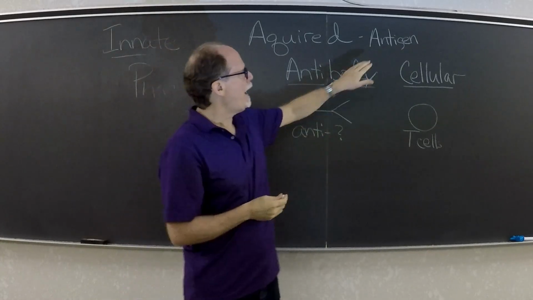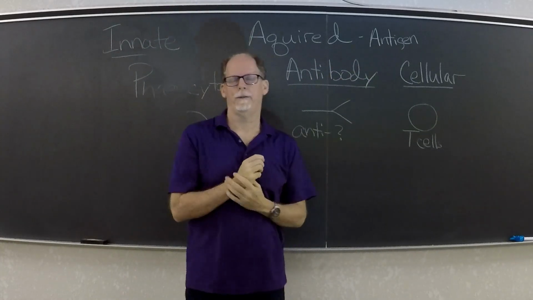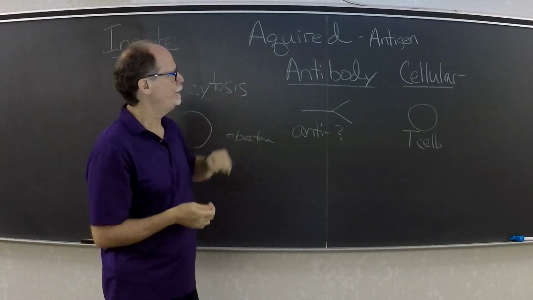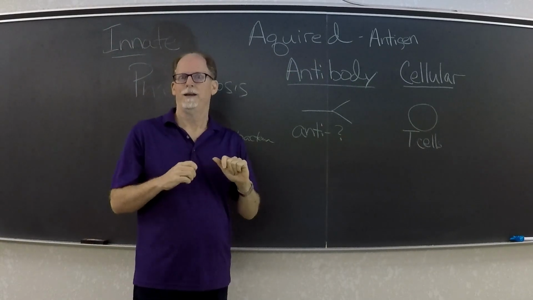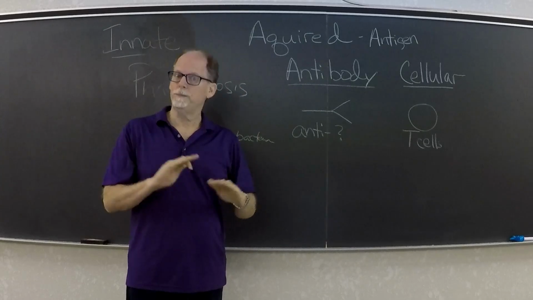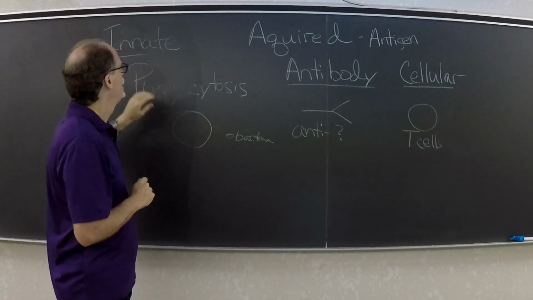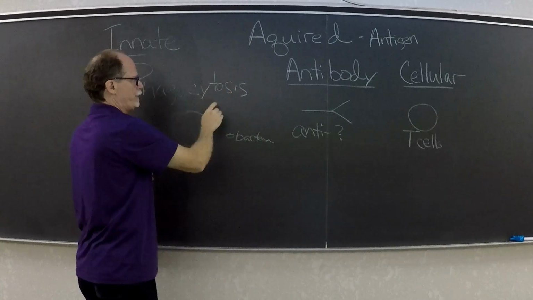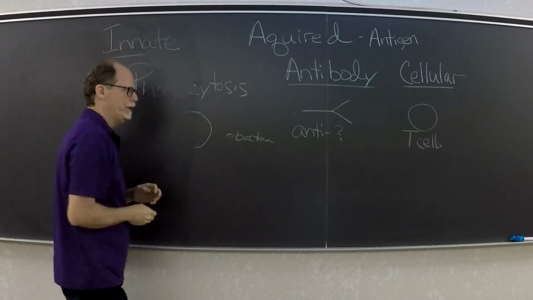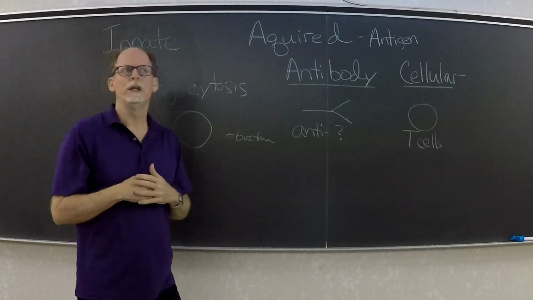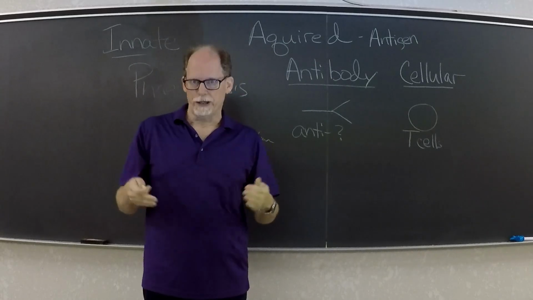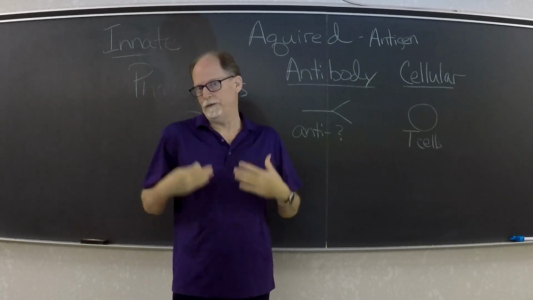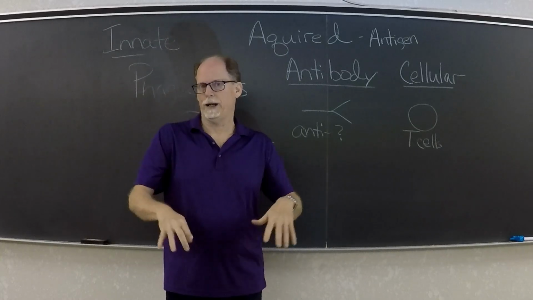They have these little markers on there, and when our acquired immune system sees that, it goes, oh, we've got a problem, we need to get rid of it. The innate immune system isn't looking for antigens. It's just indiscriminately getting rid of what it thinks is bacteria that doesn't belong in our body, or a physical barrier that's helping to keep bacteria out of our body.